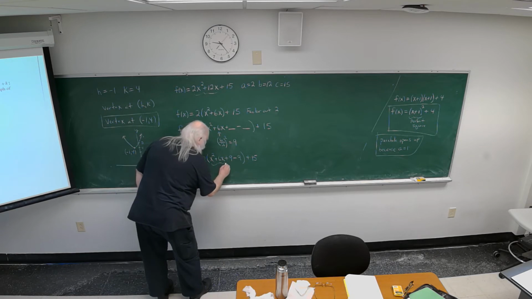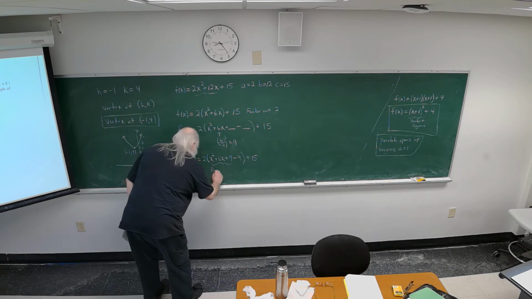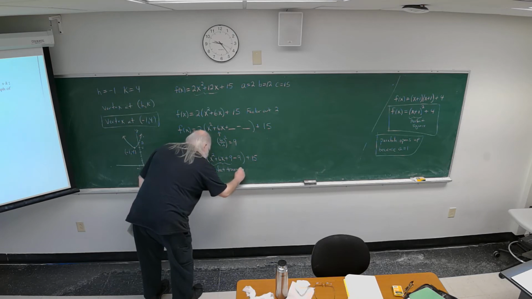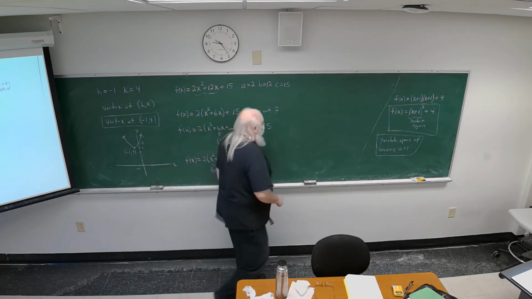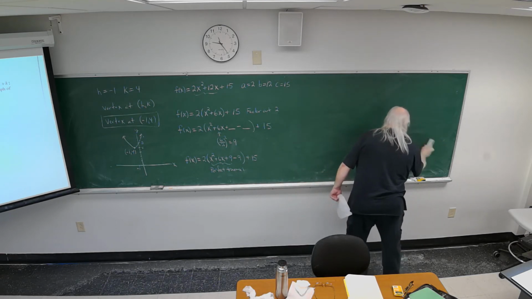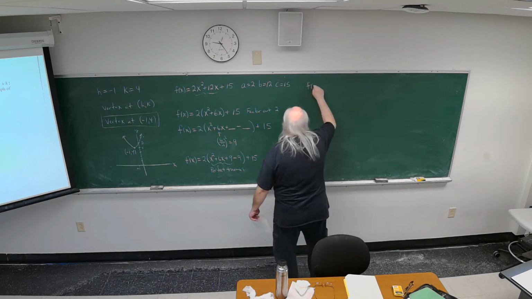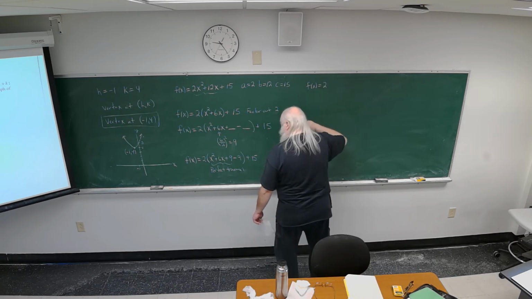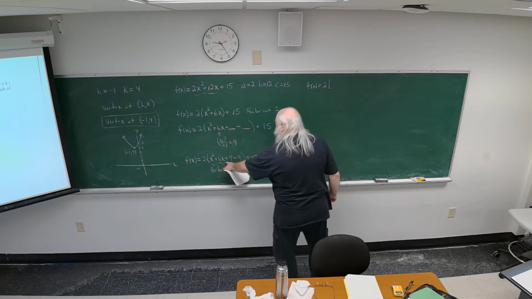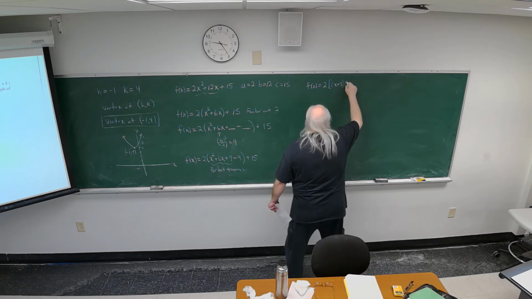Well, this x squared plus 6x plus 9 is a perfect trinomial. It factors into a perfect square. So we have f of x is equal to 2 times, now I use brackets, x squared plus 6x plus 9 factors into x plus 3 times x plus 3.